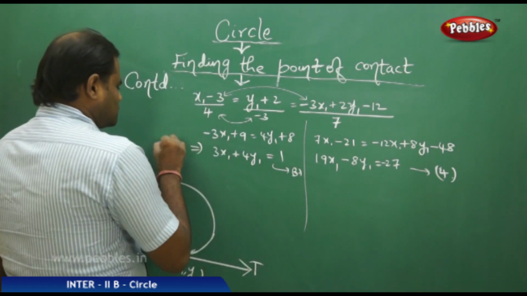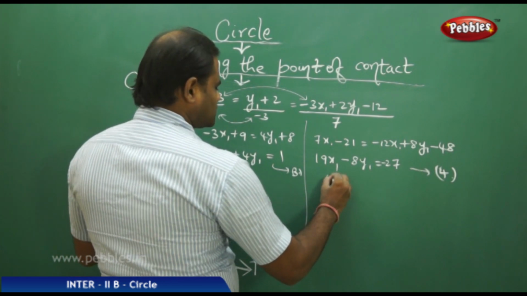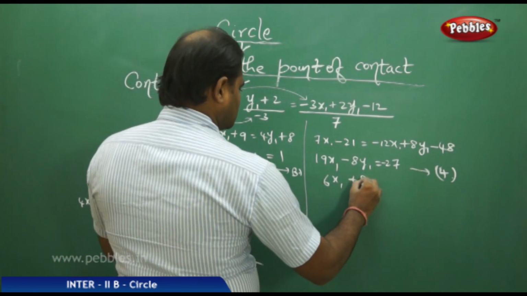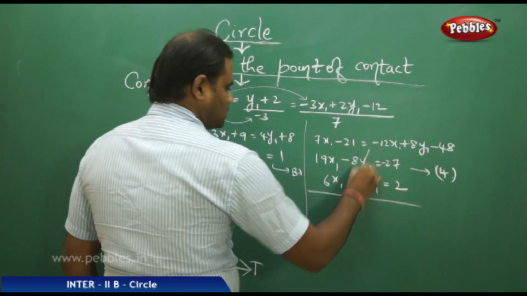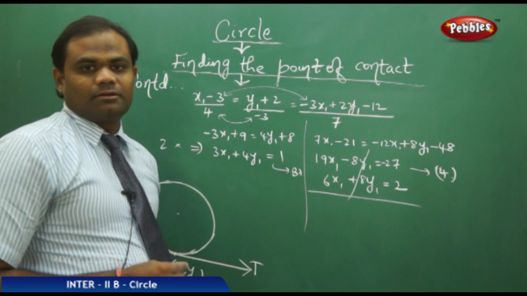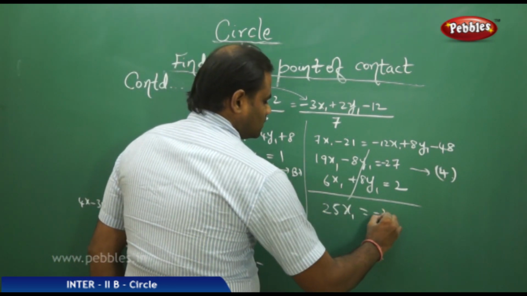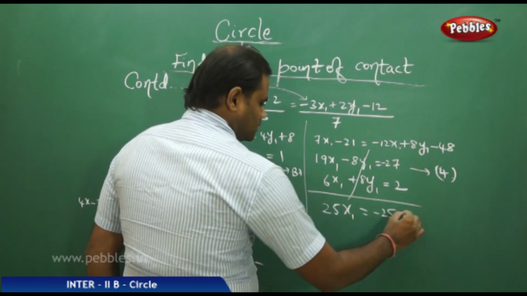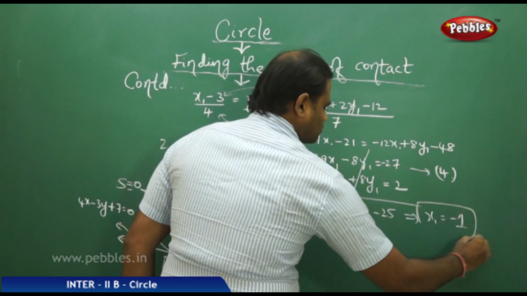So I multiply equation 3 with 2, and then I get 6x1 plus 8y1 equals 2. This, on adding, gives me 19 plus 6, which is 25x1 is minus 25. That implies x1 is equal to minus 1.